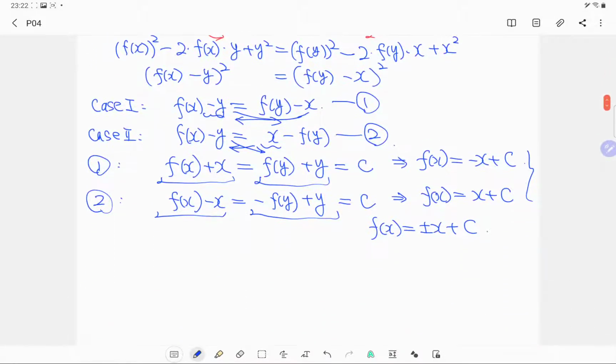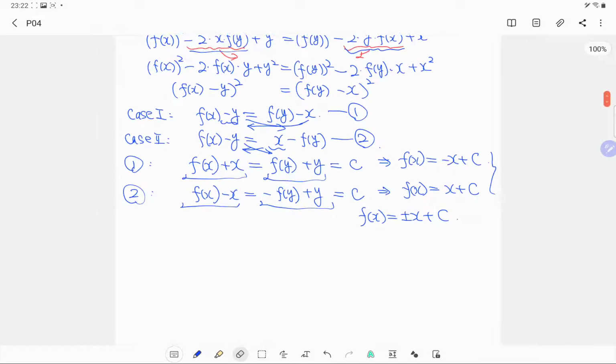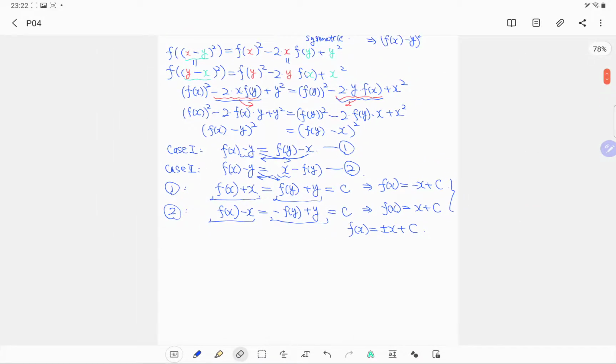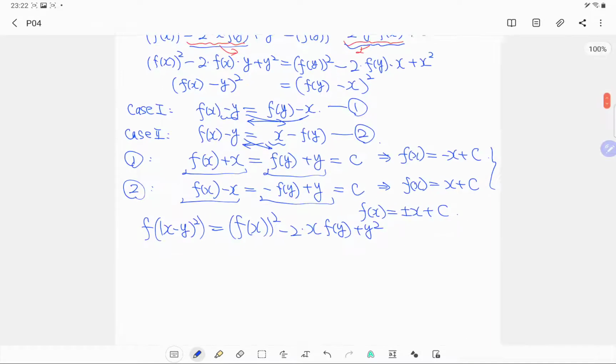We substitute this into the original equation, which is (f(x) - y) squared equals f(x) squared minus 2x f(y) plus y squared.